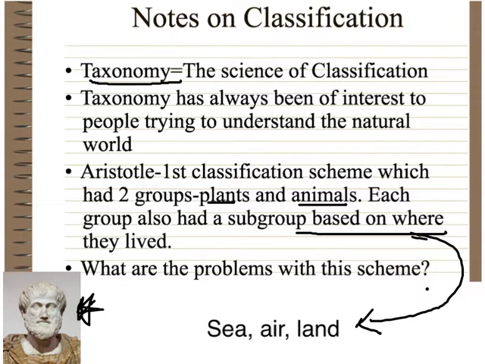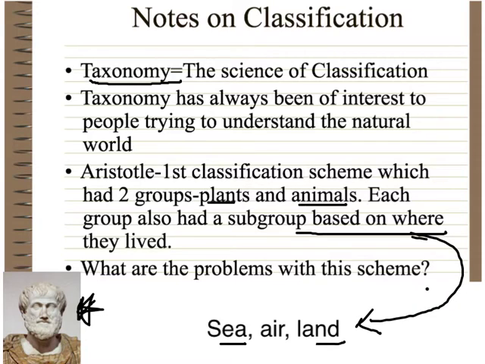Obviously this scheme didn't stick, so it obviously was not perfect. One of the problems with this scheme is, what do you do with something like a frog that lives both in the water and on land? You know, it's kind of hard to classify that. Something else that's a problem is you would classify whales and fish and lobsters and shrimp and sea sponges and jellyfish all together, right?